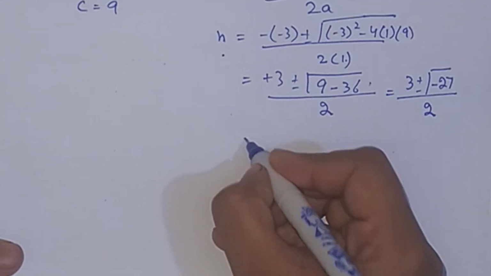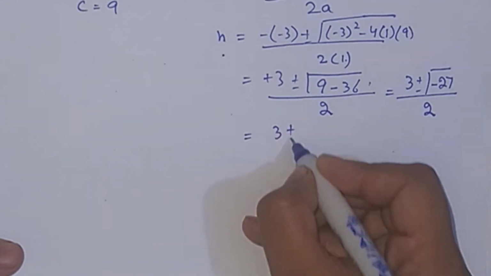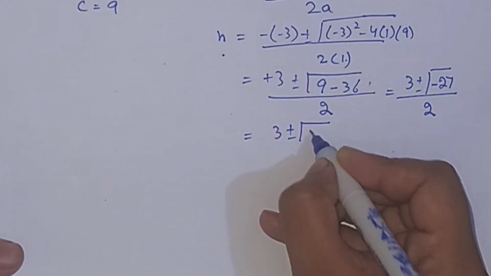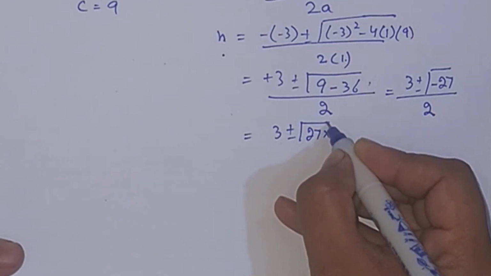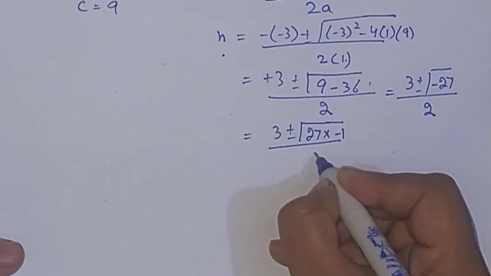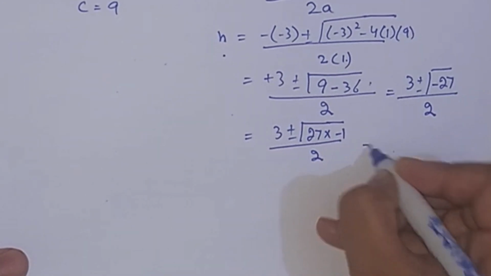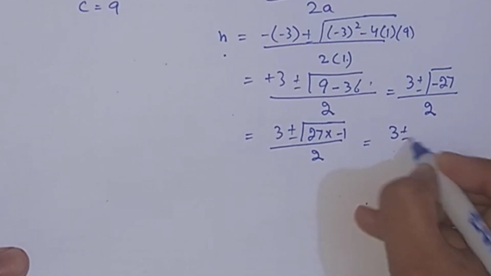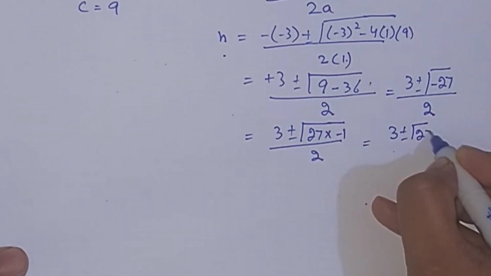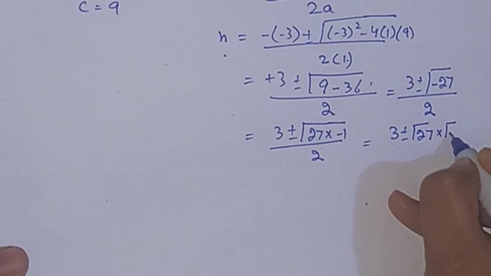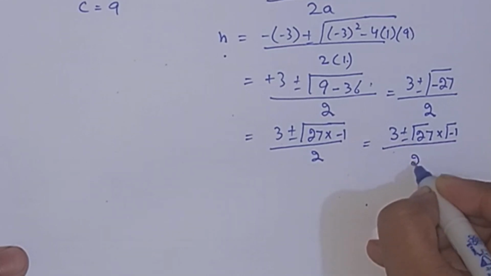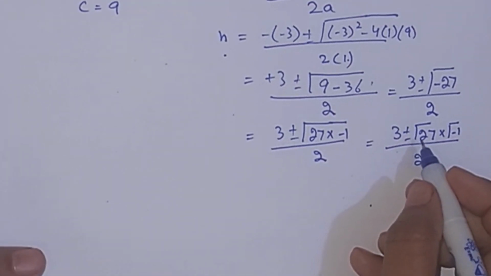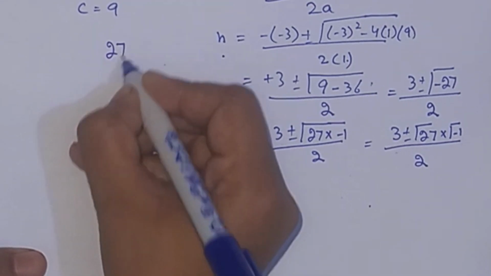Now we write this as 3 plus minus square root of 27 multiplied by minus 1, over 2. And we write this as 3 plus minus square root 27 multiplied by square root minus 1, over 2. Now we find the factors of 27.